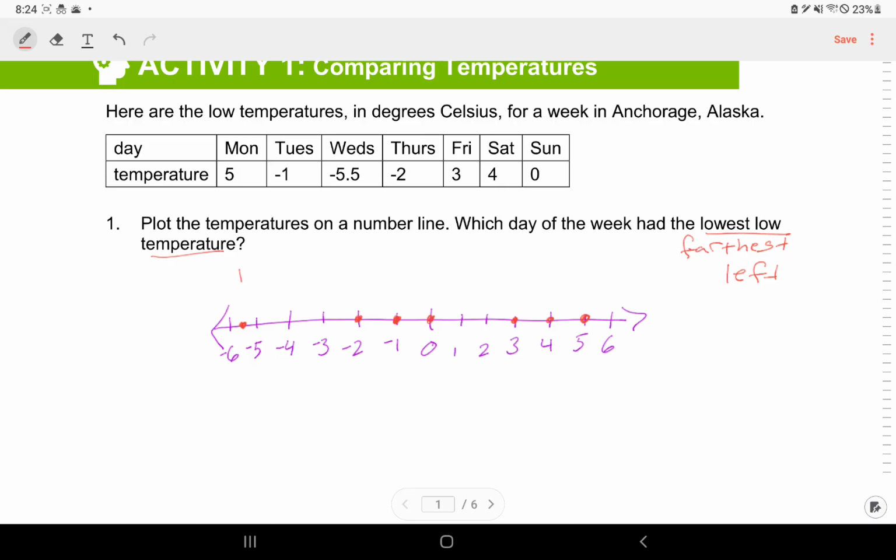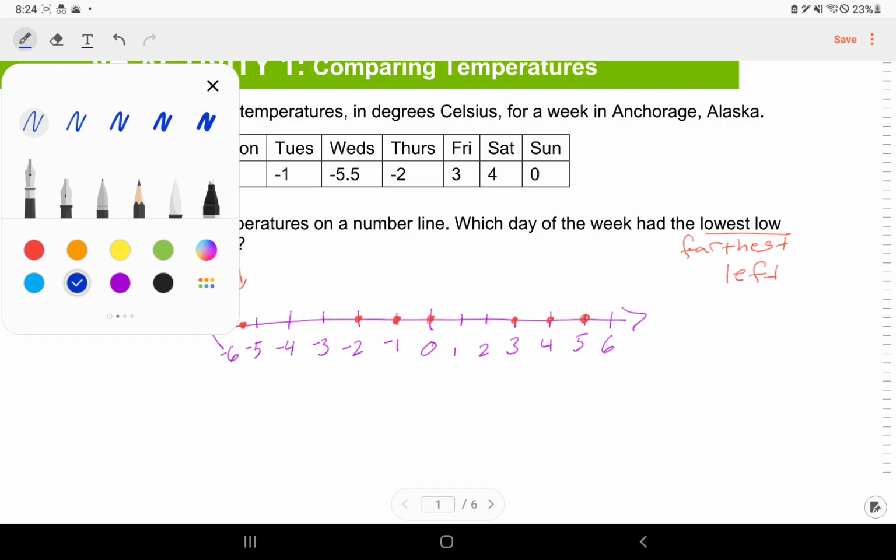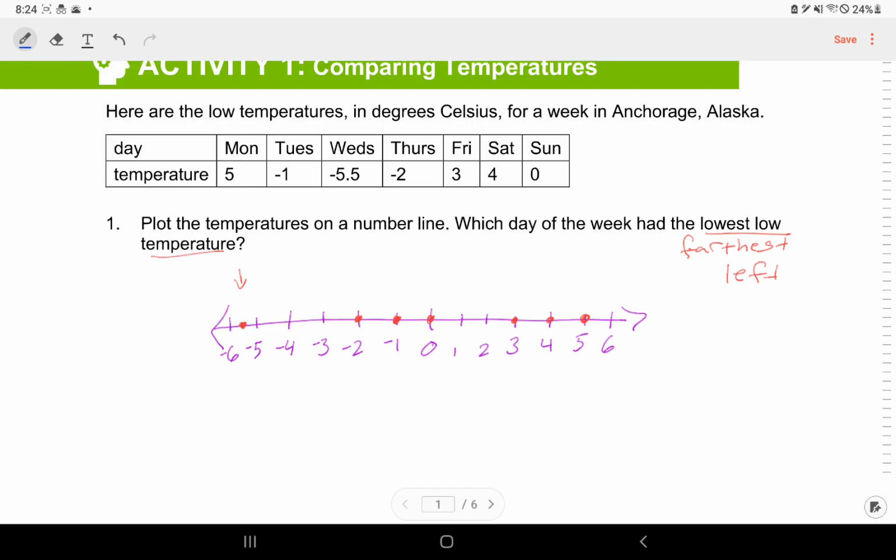Well, the farthest left is this one. And so that is -5.5, so that would be Wednesday. Wednesday had the lowest low.